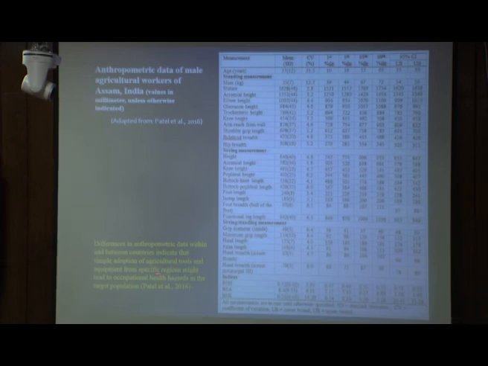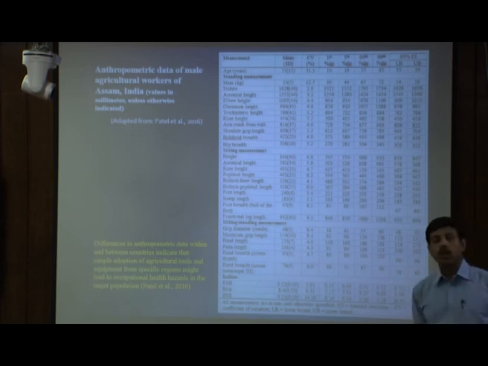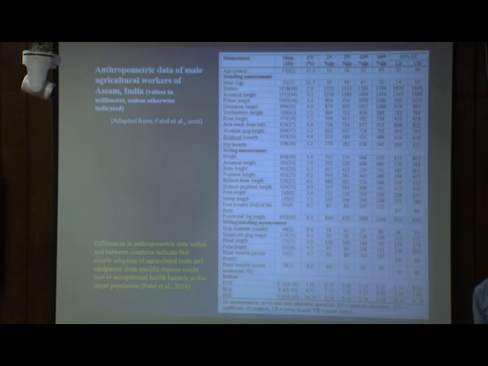Because there is anthropometric variation, we cannot blindly adopt one product or equipment from one country to another, because the human body dimension of that particular country is different from the country from which that product or equipment or instrument is being imported.